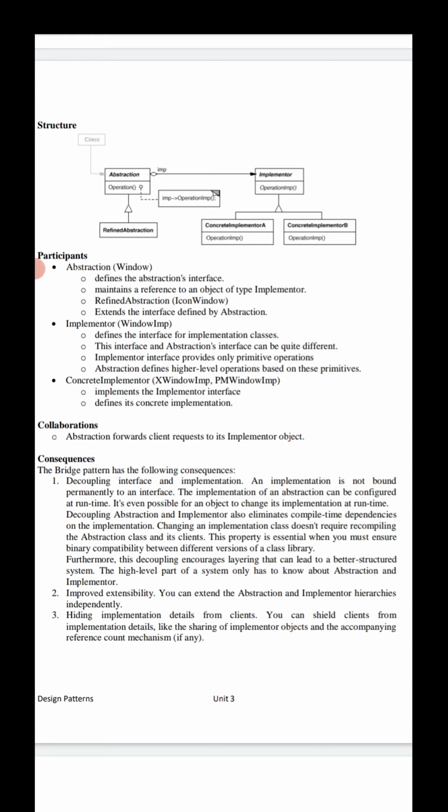We eliminate compile-time dependencies on the implementation. Changing an implementation class does not require recompiling the abstraction class and its clients. This property is very important when you need binary compatibility between different versions of a class library.